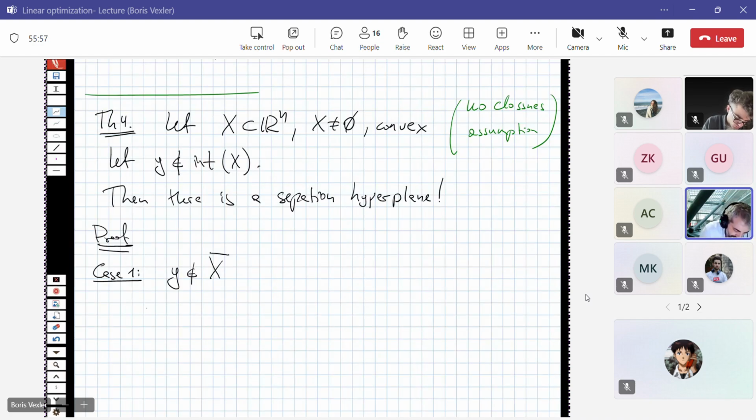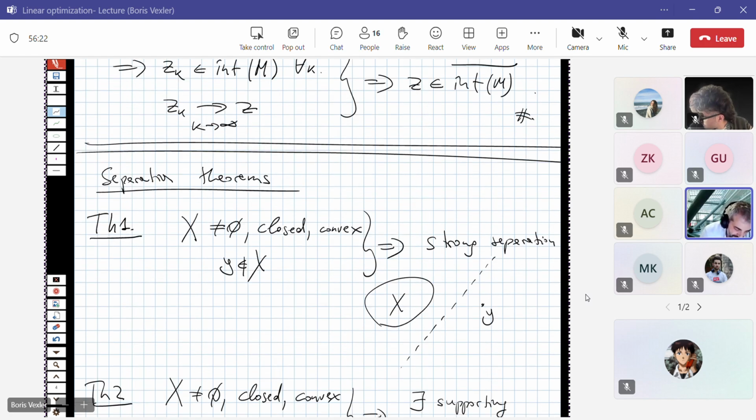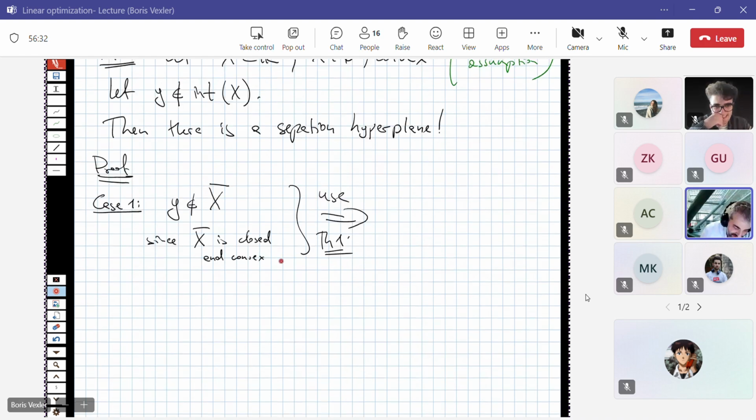Yes, we know, of course, since X bar is closed and of course convex. Yes, we proved that the closure of a convex set is again convex. We can use theorem one. Theorem one was, let's go back, the separation between a closed convex set and a point which is not an element of it. Okay, and this would be exactly the situation here.